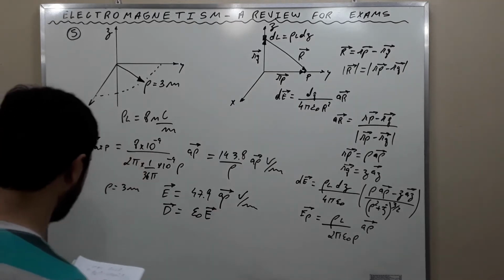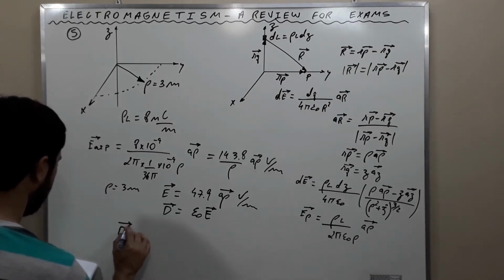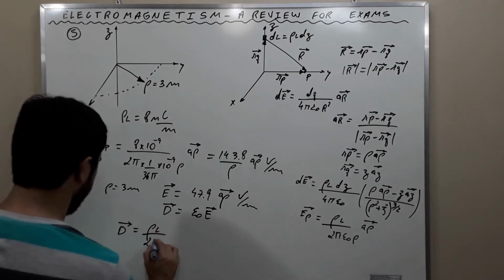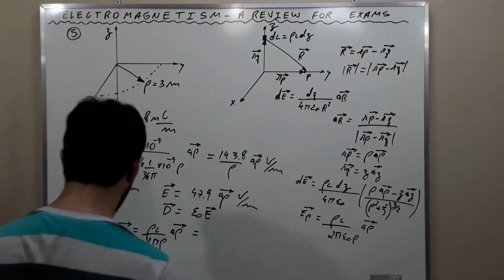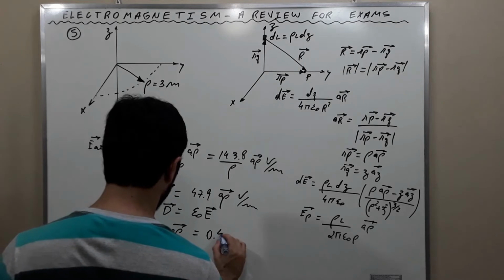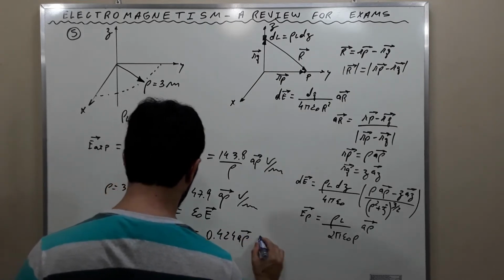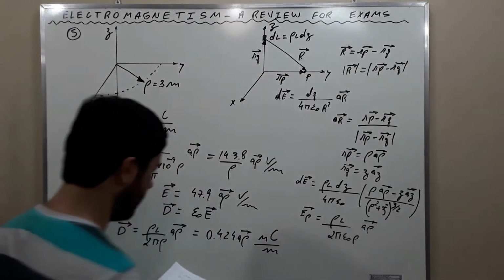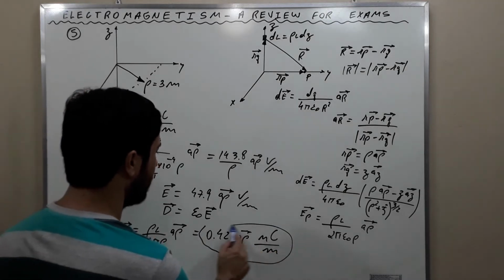And by doing this, we discover that D is equal to rho L over 2 pi rho in the a rho direction, and this is equal to 0.424 a rho nanocoulombs per meter. Okay, this is the solution of the exercise.